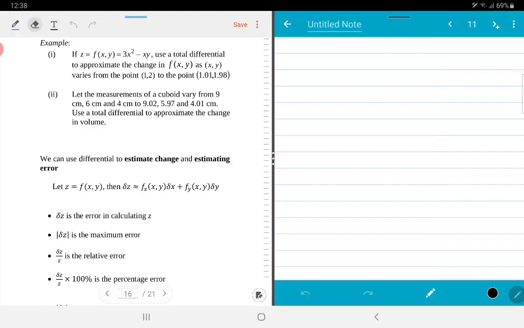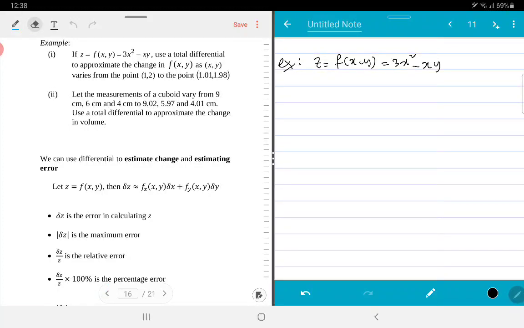Here we have 2 independent variables. Example: z is equal to 3x squared minus xy, and it says use total differential.